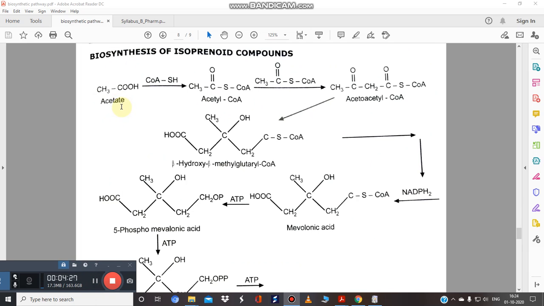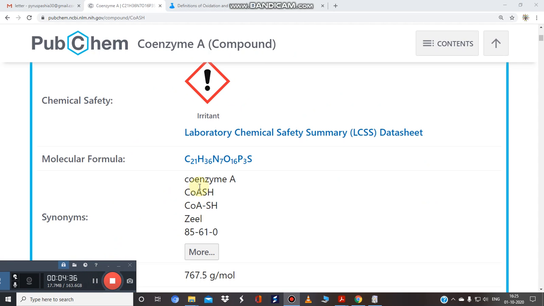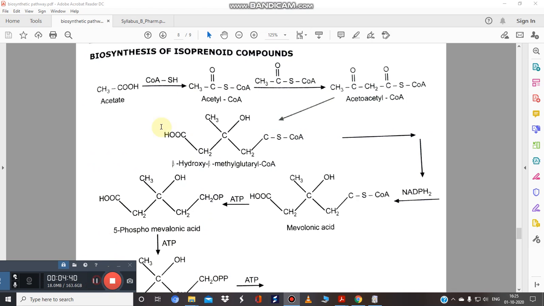See again, acetyl coenzyme A is produced with the help of this enzyme, and we know that CoA is nothing but coenzyme A. Then it will produce acetyl coenzyme A plus again acetyl coenzyme A. So what is produced here? Acetoacetyl coenzyme A. Then what happened?